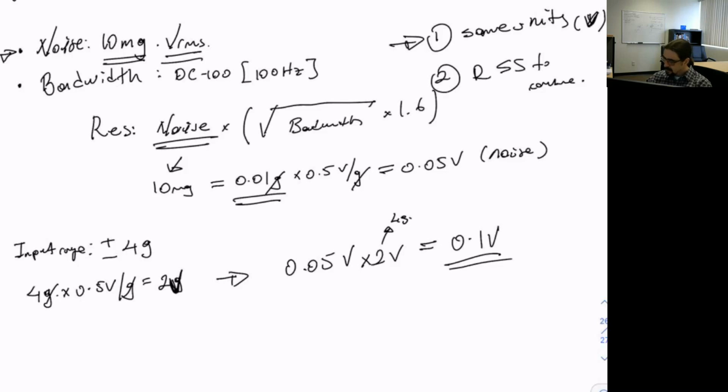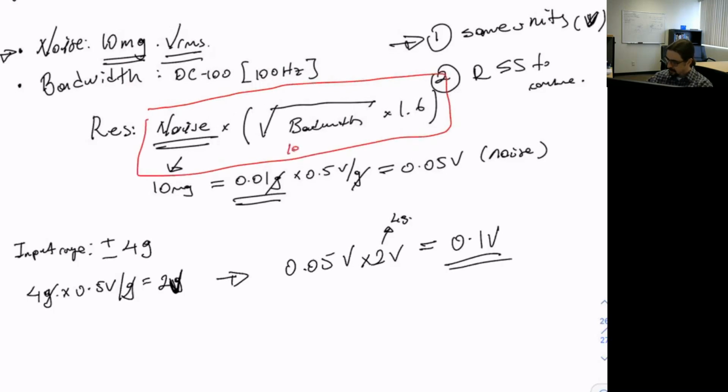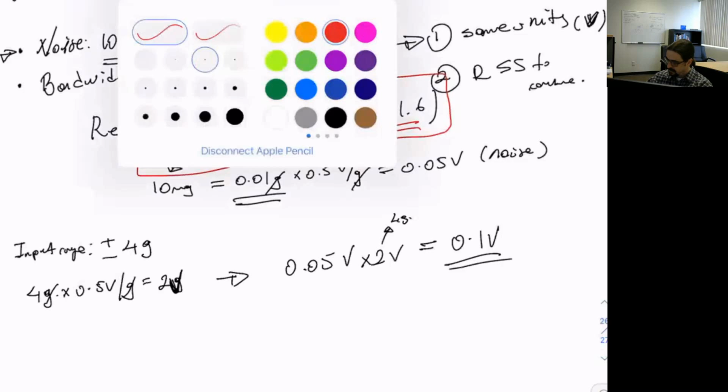Now, looking back to my resolution formula, it says that it's going to be my noise times the square root of my bandwidth, which I know to be 100 Hertz, because it was DC, 100, times a constant 1.6.